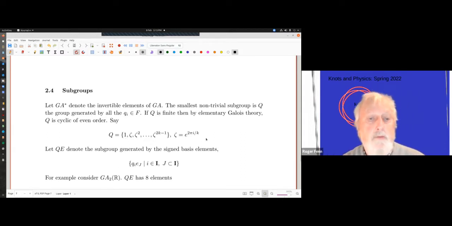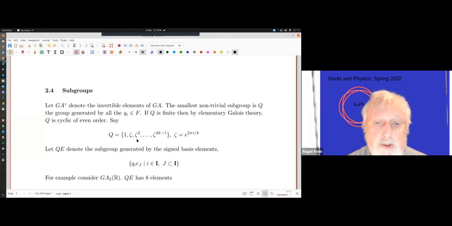We've seen that already. Q is plus or minus 1 for most cases. But this is interesting, that you could use roots of unity. And let QE denote the subgroup generated by the signed basis elements.